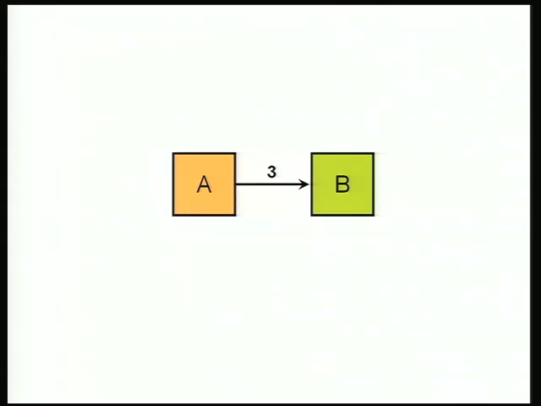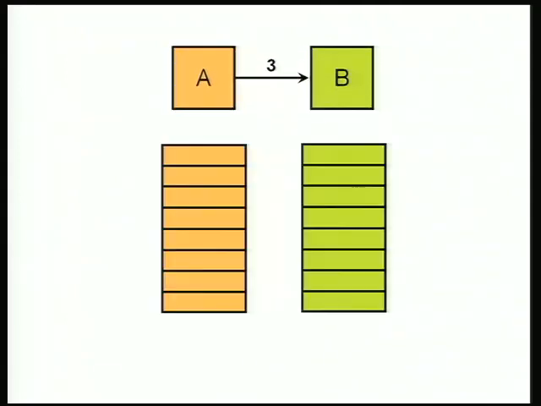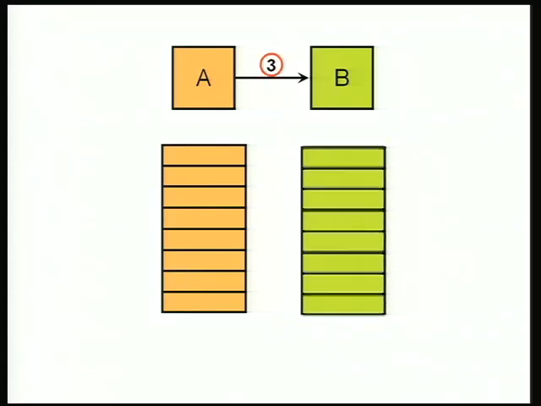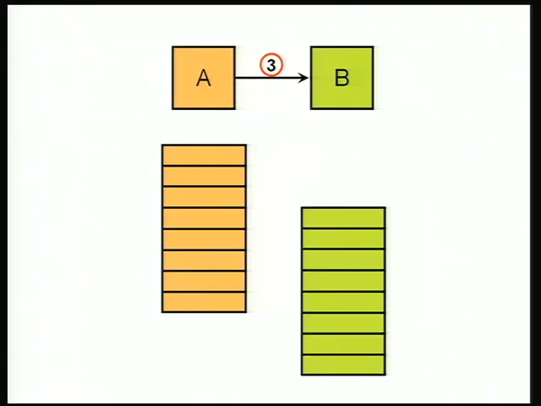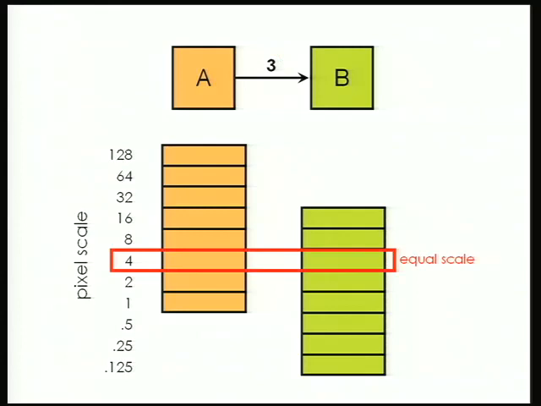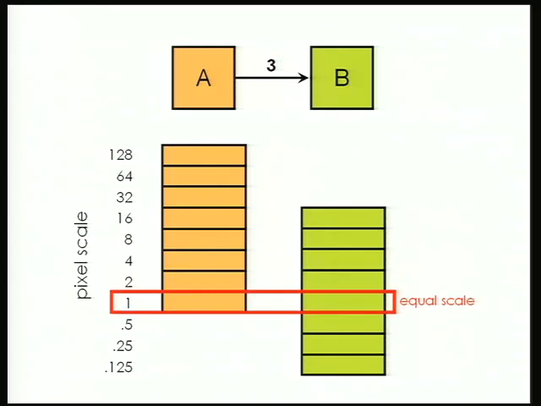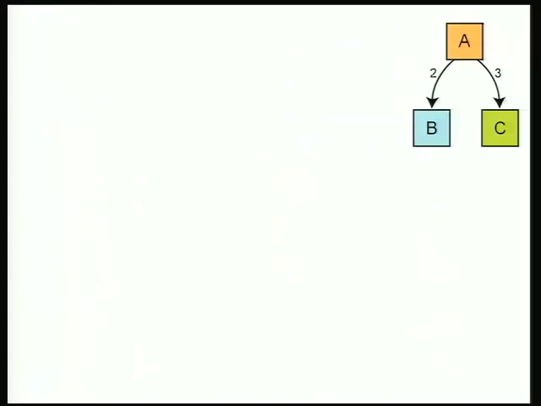It has two exemplars, and let's look at their associated Gaussian stacks. Now, the edge weight tells us that they're related by 3 downsamplings. Schematically, we can represent this by offsetting the stacks by 3 levels. Notice that when we draw the stacks this way, levels in adjacent stacks have equal scale.